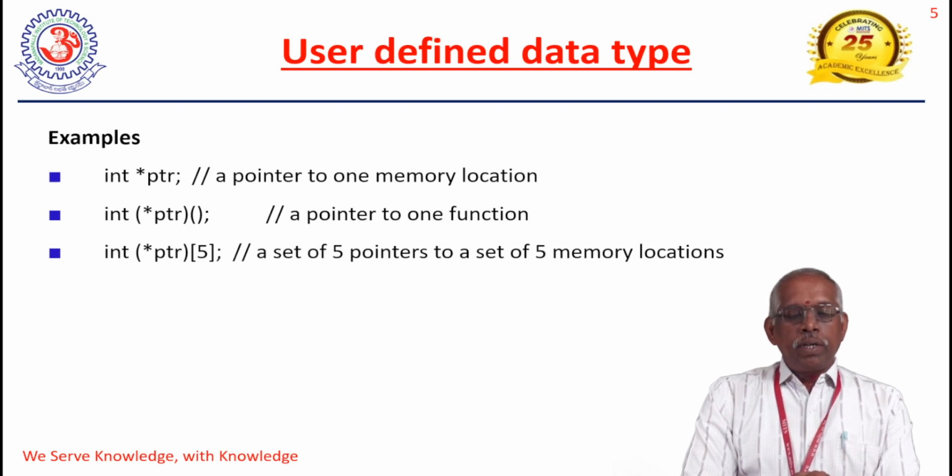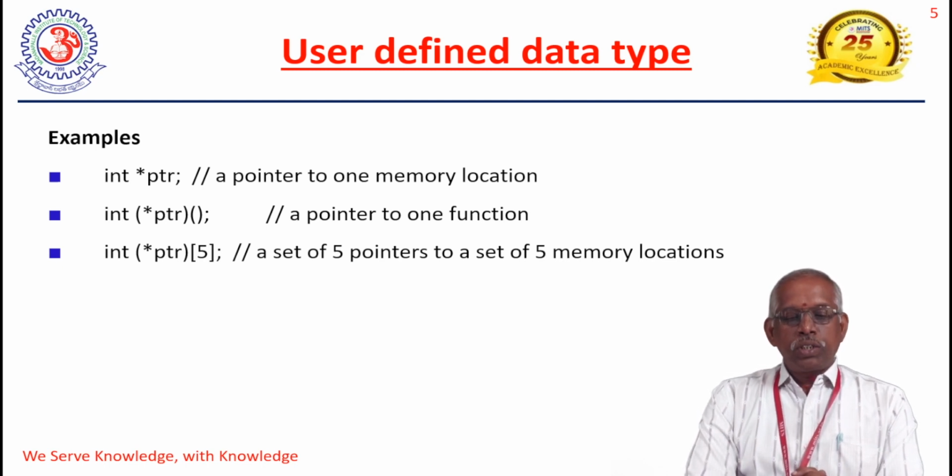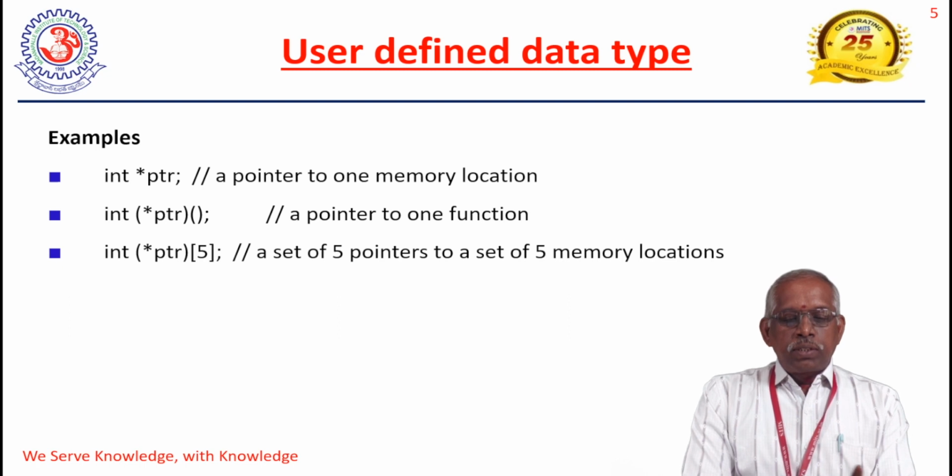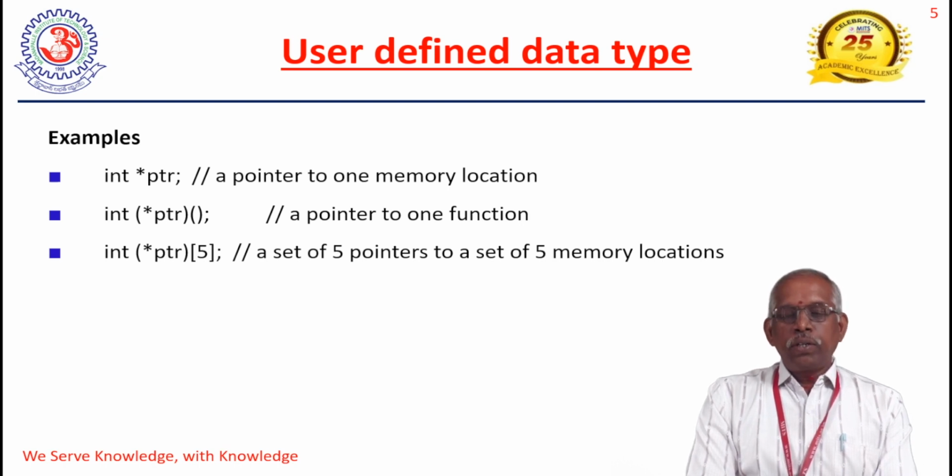So the integer pointer is pointing to an integer data value. Next, we are defining a function pointer. So I'm using a special notation here. The pointer notation is enclosed in brackets, and the function is, as usual, represented with parentheses. So this is called a function pointer to a particular function that we will declare later.